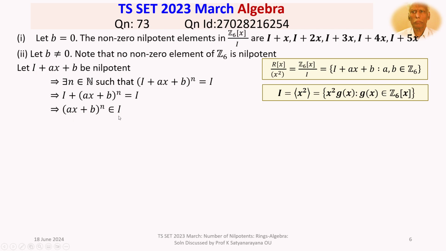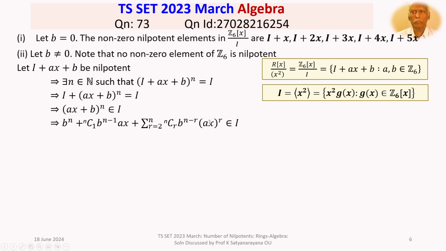When a commutative ring is there, you can use the binomial theorem. So (AX plus B)^n expanded by binomial is B^n plus nC1 B^(n-1) AX plus the sum over r equal to 2 to n of nCr B^(n-r) (AX)^r, that belongs to I.